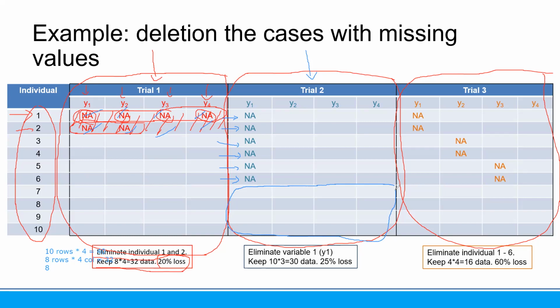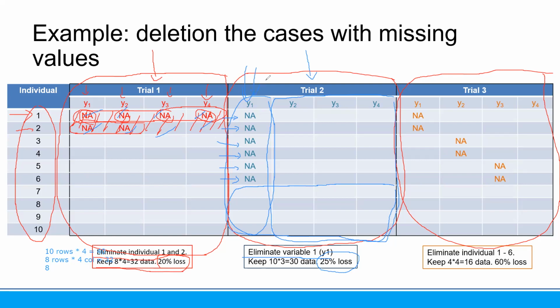So the alternative is to eliminate only the y1. Okay, so we can just eliminate this one. If we eliminate this one, then we have like 20%, 25% loss. Because we still keep 30 data, and 10 data is removed.